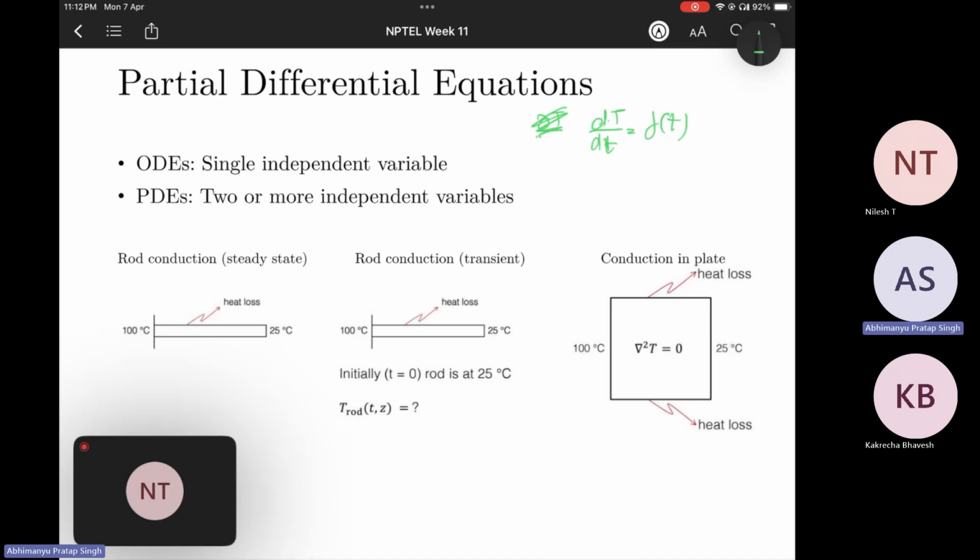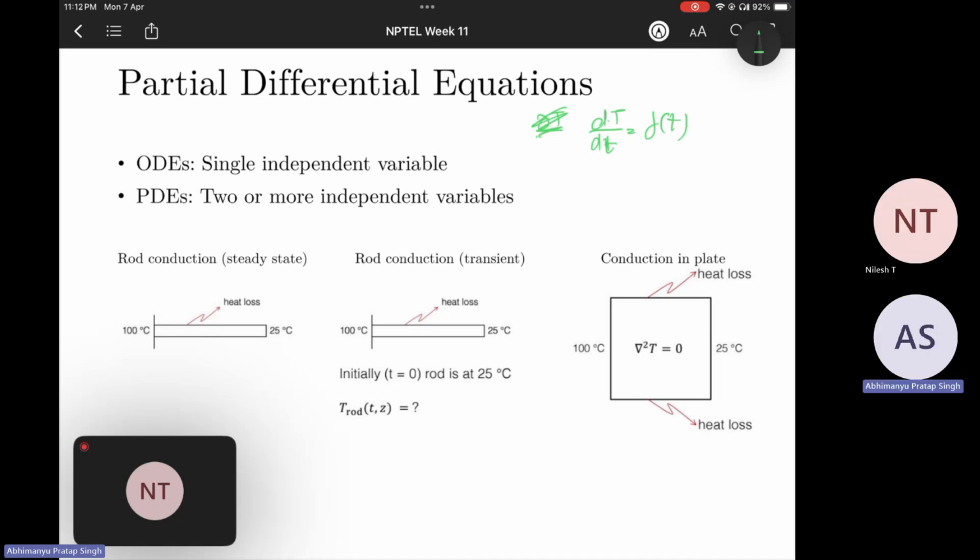We have only one independent variable, whereas in the case of PDEs, we have something like dT/dt plus dT/dx equal to some function of t comma x. In this case we have two independent variables, t and x, so our solution depends on both variable x as well as variable t, which is time in this case.